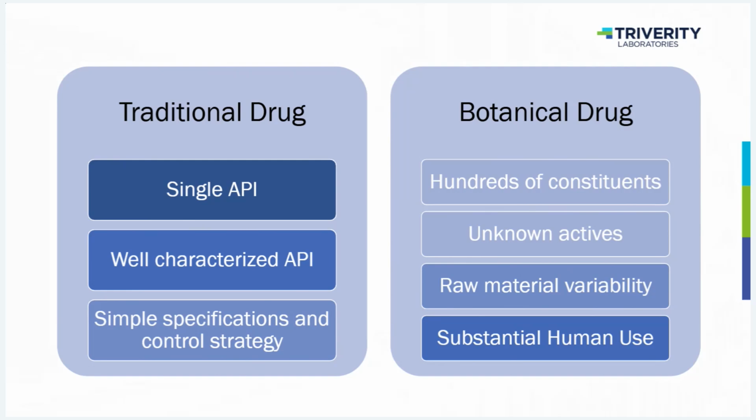Botanical drugs can have hundreds of constituents. They can have unknown actives. They will have raw material variability, and in a good way, have a substantial history of human use that can be capitalized on in the drug submission, in the preclinical or the safety studies.